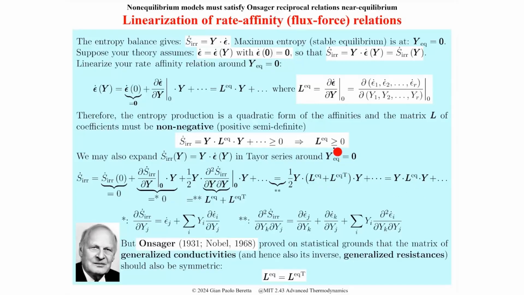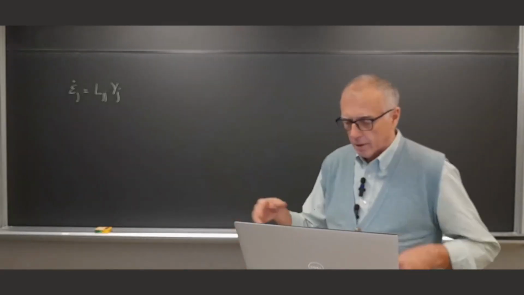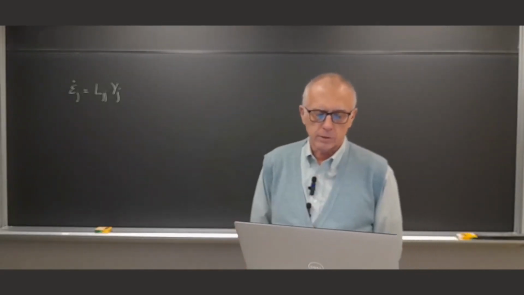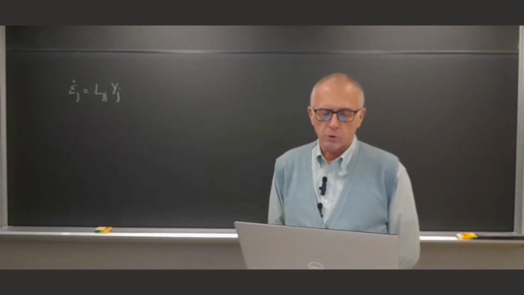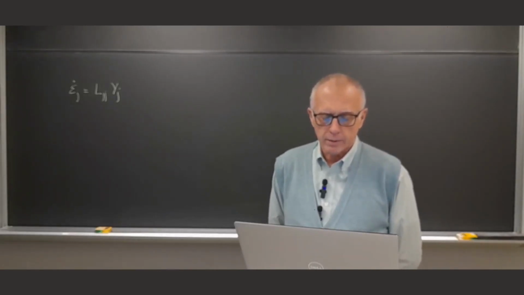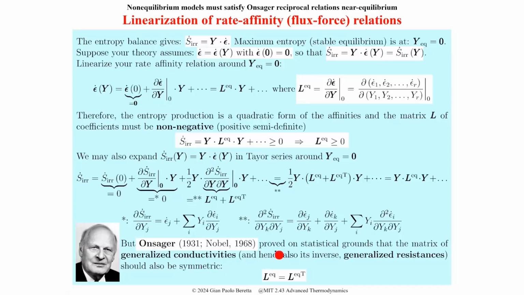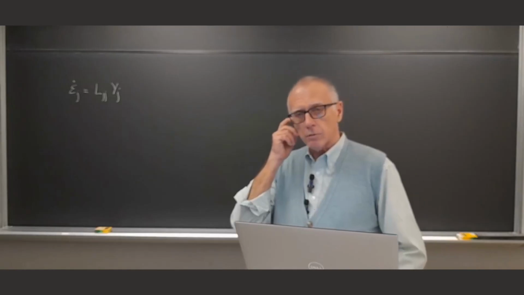However, in addition to non-negativity, there is an additional constraint that was proved, and we will try to see how we get there as we go on. It was proved by Onsager in 1931, for which he got the Nobel Prize in '68, and he used statistical considerations to show that this matrix needs to be symmetric. And this symmetry is not a trivial result.